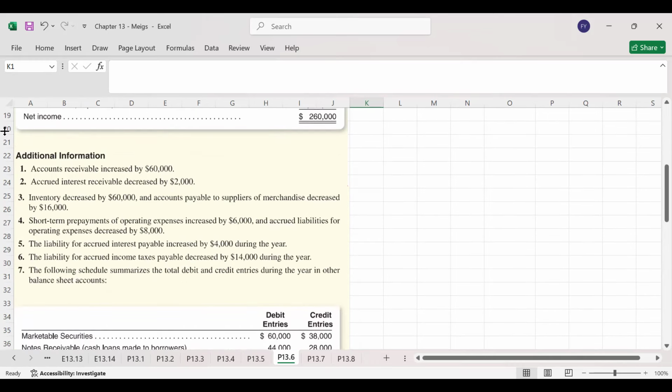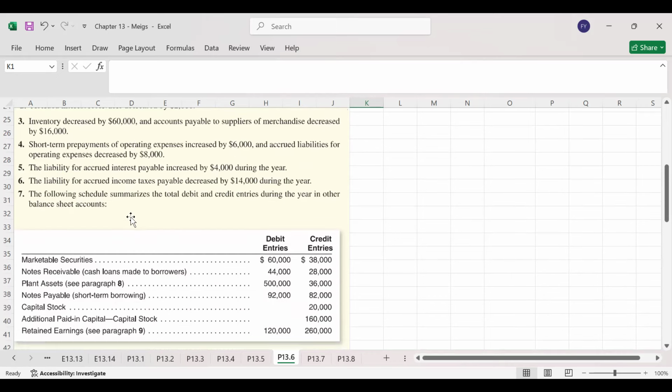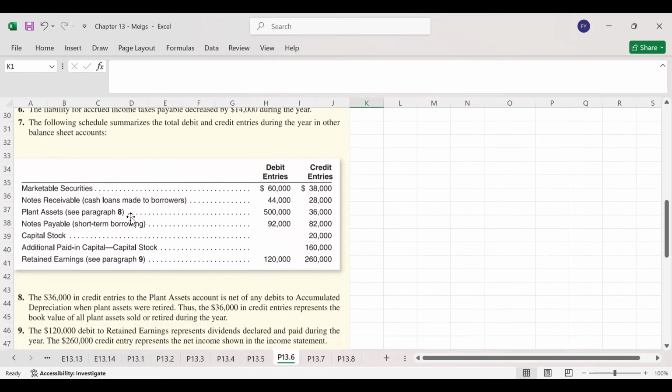Then you can see additional information. From additional information 1 to 6, the changes in working capital are given. There are several current assets, so these are increases or decreases. And then we have current liabilities, so increases or decreases of current liabilities are given. Then we have other data.